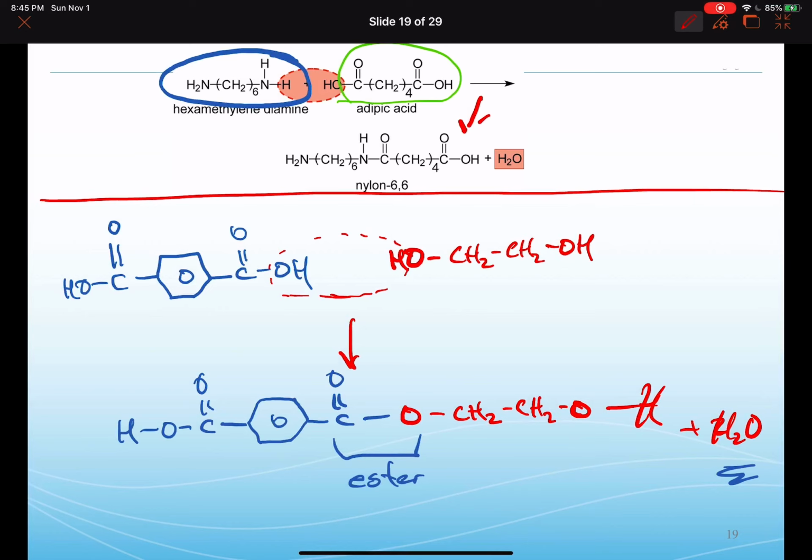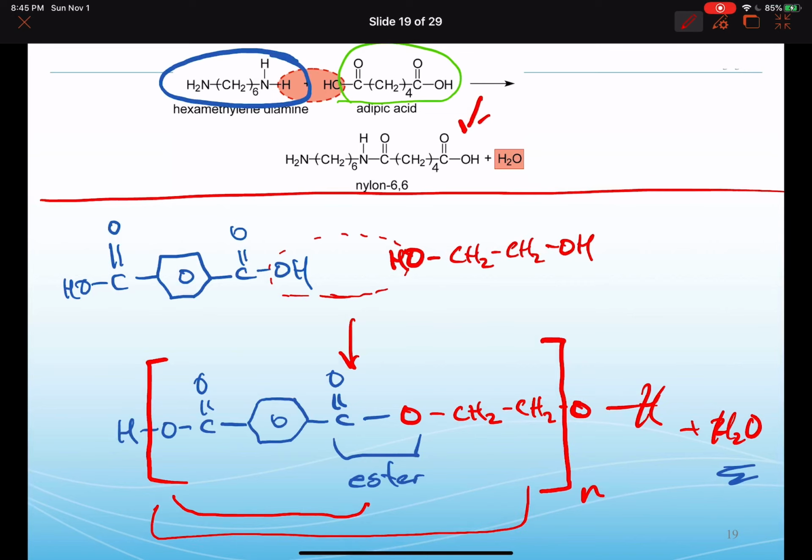Okay, so I have to capture one of the blue pieces and then one of the red pieces and make sure that the pattern for connectivity continues. Okay, so I'm going to cut that off right here because I know the CH2 has to be connected to an oxygen, and I'm going to consider the next unit over here. So my eye is tracking from here all the way to here to make sure the connectivity pattern is correct.